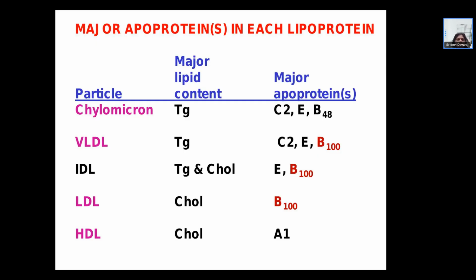The major apoproteins in each of the lipoproteins include chylomicrons, VLDL, IDL, LDL, and HDL. If you're looking at just the ApoB, which one of our next speakers is going to talk about and I'm not going to focus on, you have these ApoB carrying lipoproteins, which are VLDL, IDL, and LDL.